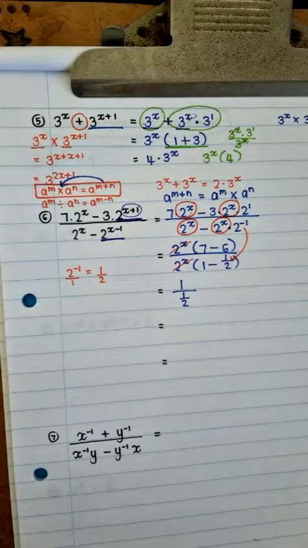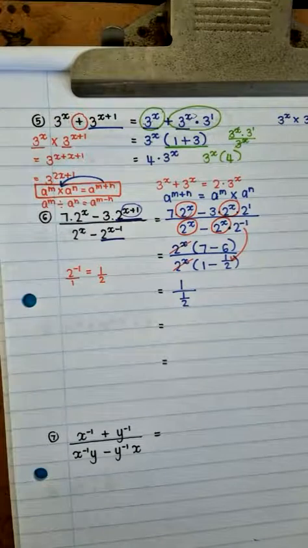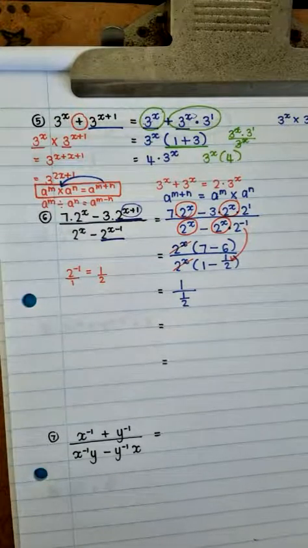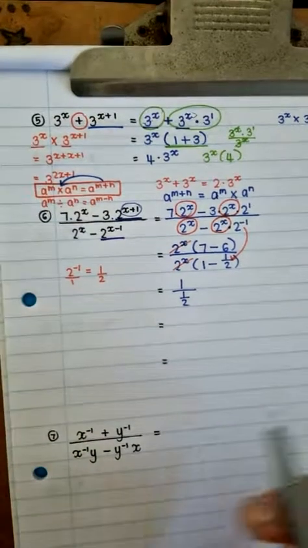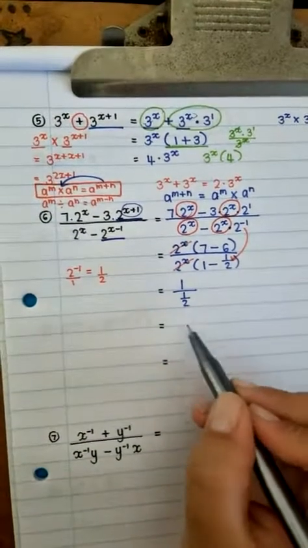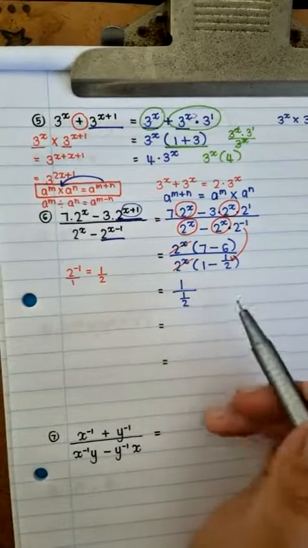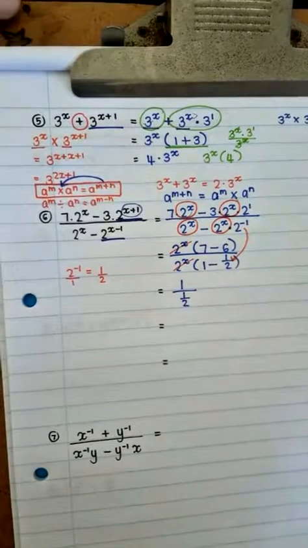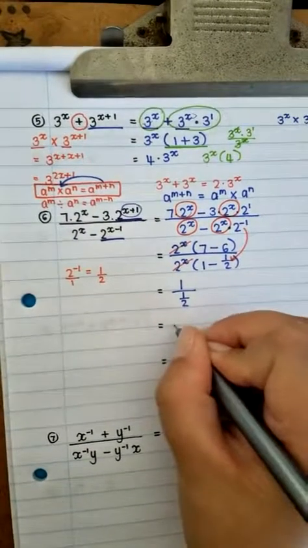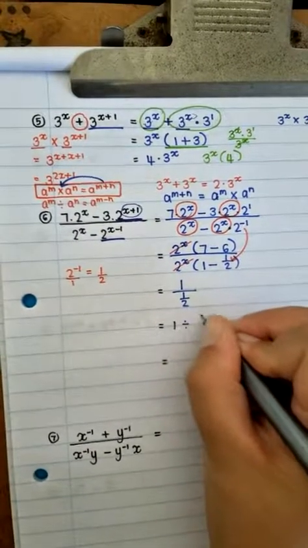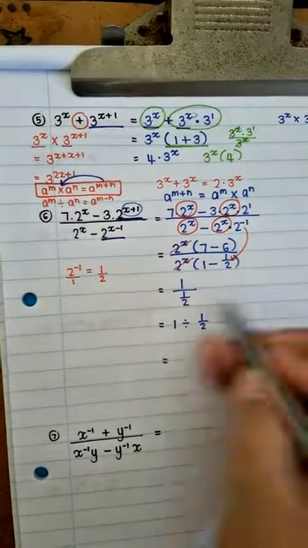Now you can do this in 2 ways, guys. You can just ask yourself, 1 divided by a half. How many halves are there in 1? It's 2, right? Or if you want to actually do it in your head, you can also obviously type this into the calculator, but they might say that you have to do it without the use of a calculator. Then you can write this slightly differently. You don't have to put this in.